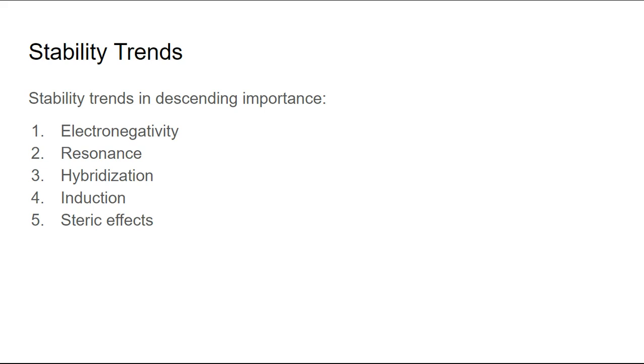Steric effects are a lot less common for stabilization because it's a more specific scenario where a molecule has an atom that is surrounded by a lot of other atoms, say like tert-butyl. Tert-butyl is a lot less likely to react than a second degree carbon or a first degree carbon.